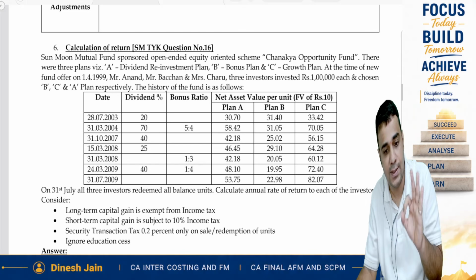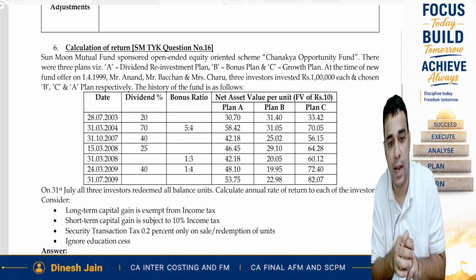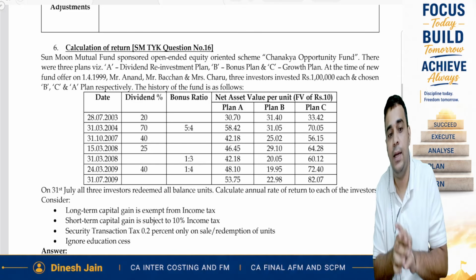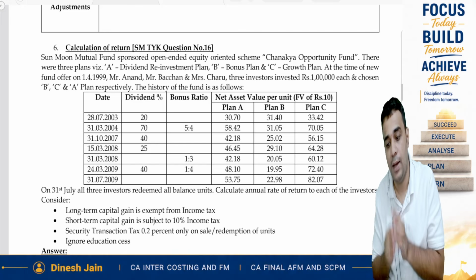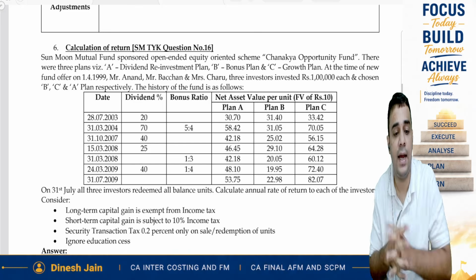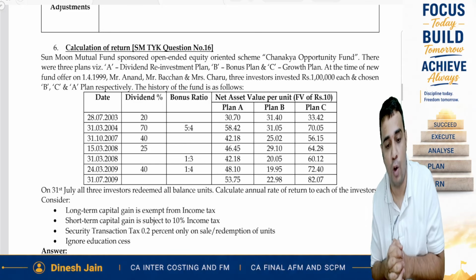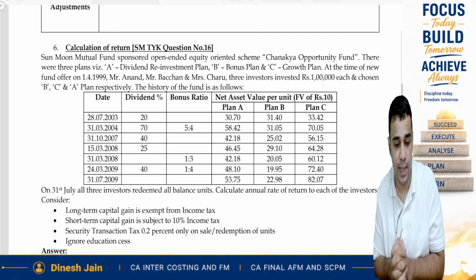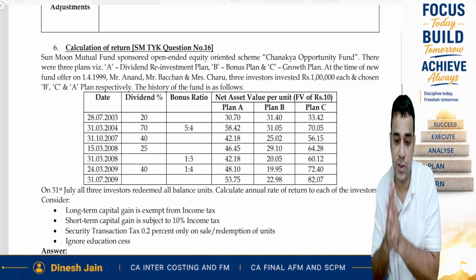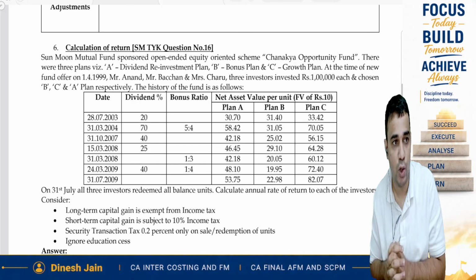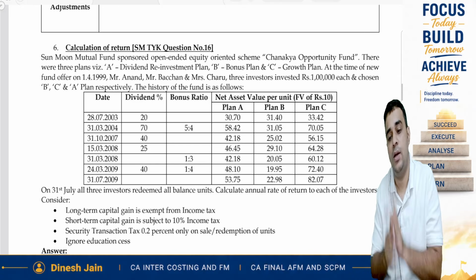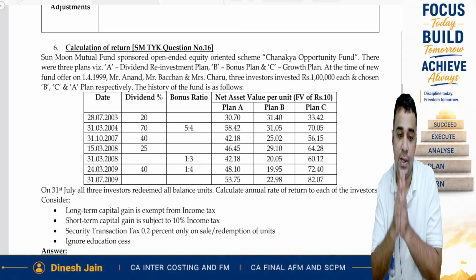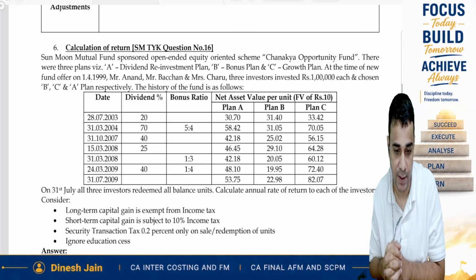Three plans: dividend reinvestment plan, bonus plan, growth plan. At the time of new fund offer on 1/4/1999, Mr. Anand, Mr. Bachchan, Mrs. Charu, three invested 1 lakh each, having chosen B, C and A plan respectively.